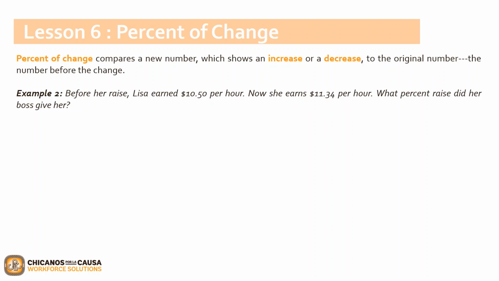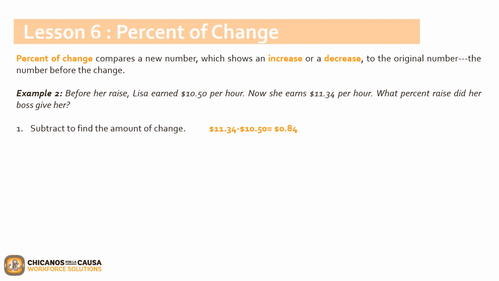To solve and answer the example 2 question, we first need to subtract to find the amount of change. So it would be $11.34 minus $10.50, which gives us 84 cents.